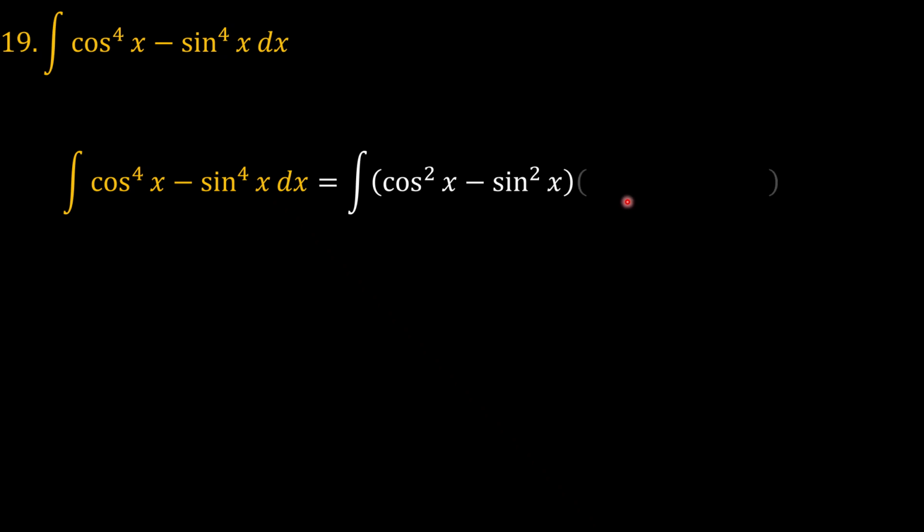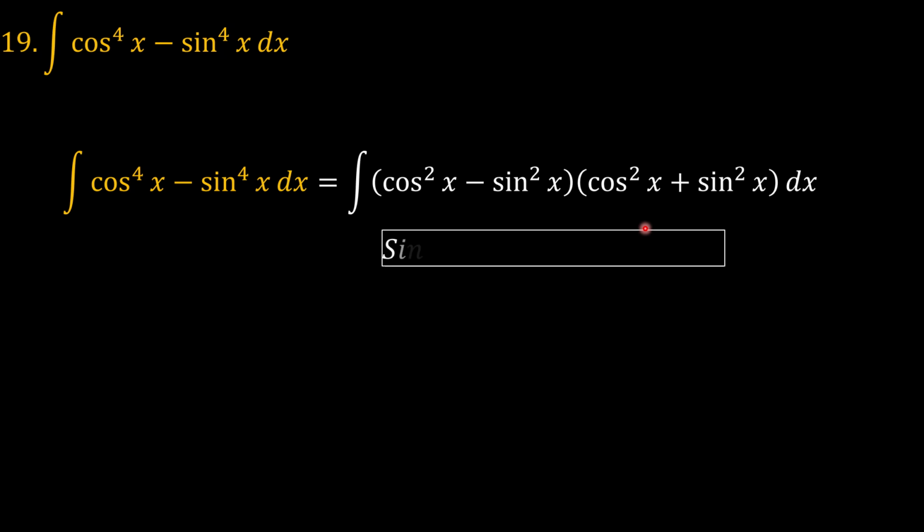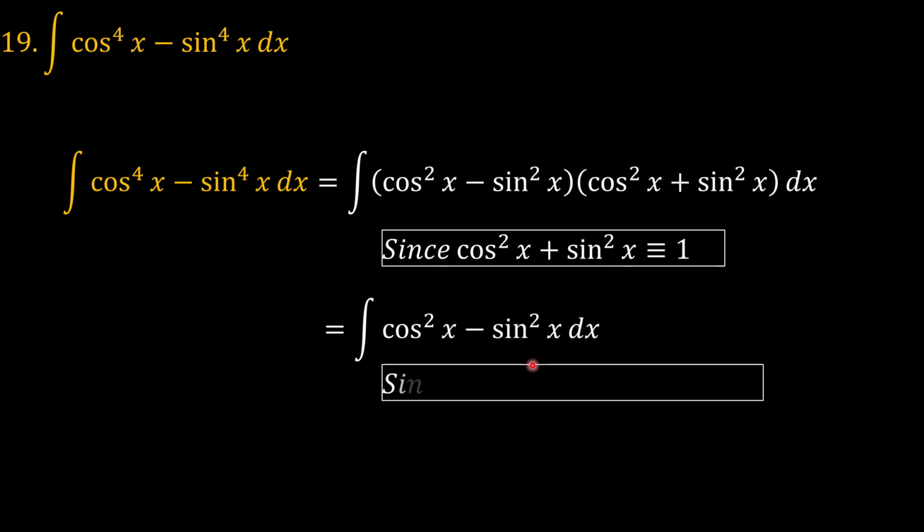Cosine squared x plus sine squared x equals 1, so we're left with cosine squared x minus sine squared x integrated. But since cosine 2x is the same as cosine squared x minus sine squared x, we are integrating cosine 2x.